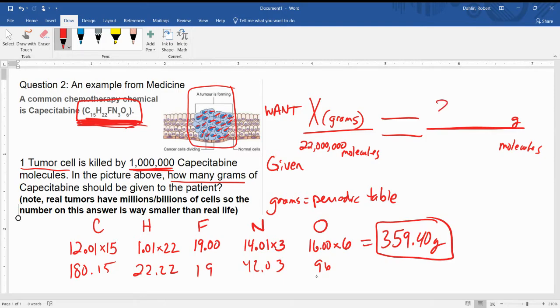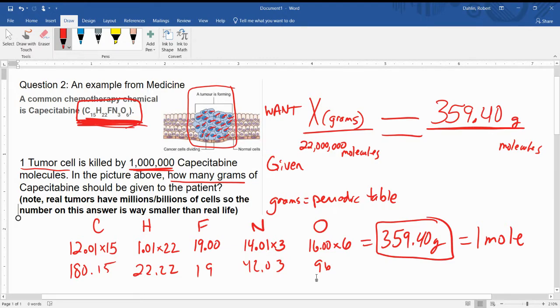This goes with grams on the top side of the fraction. So now what we're saying is, okay, this is how much we would have if we had 1 mole of this chemical. If we have 1 mole, it would weigh 359.40 grams.